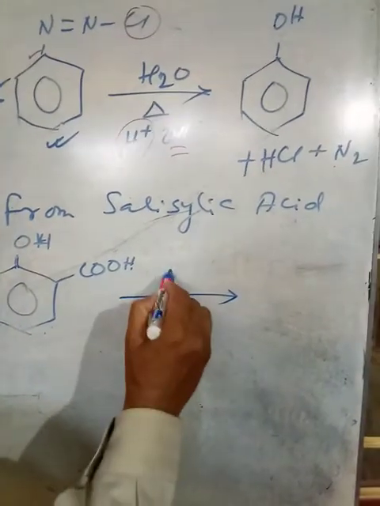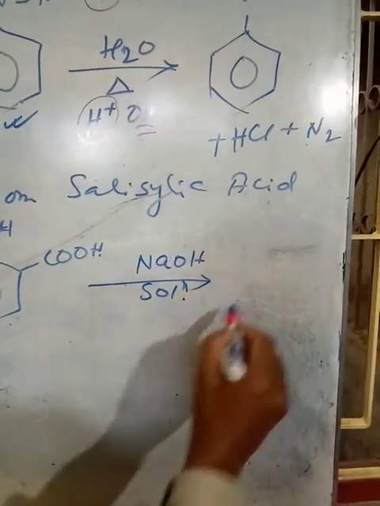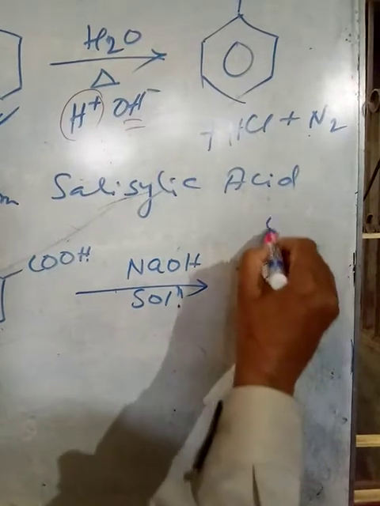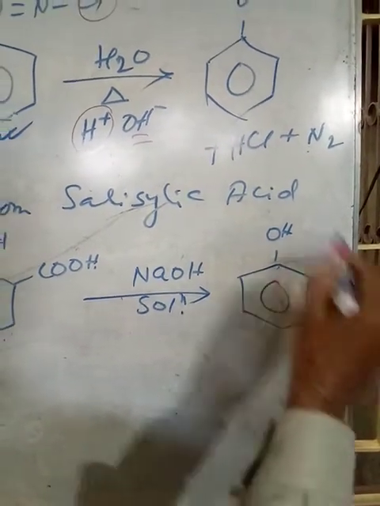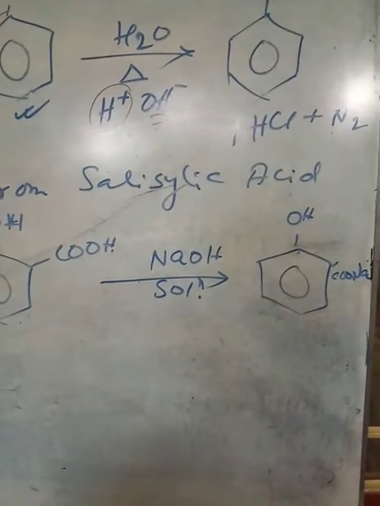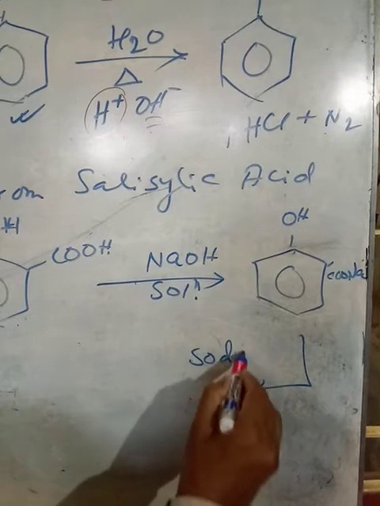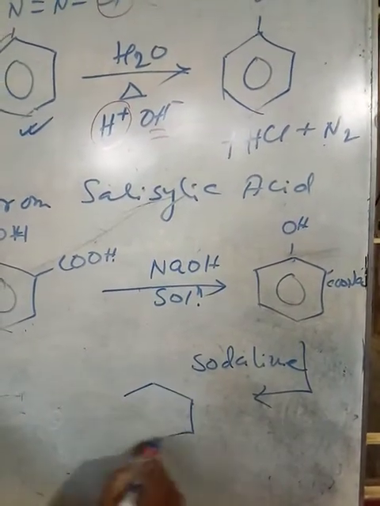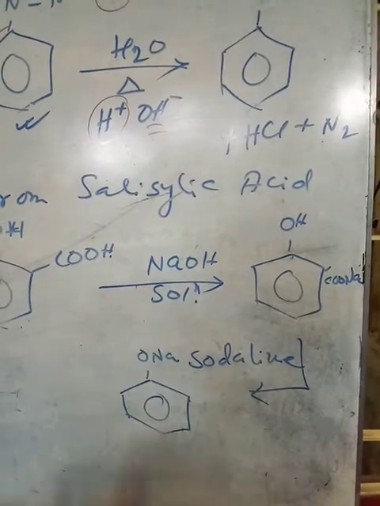It is treated first with NaOH solution. You will get a salt of salicylic acid, sodium salicylate. Then if you heat with soda lime, you will get sodium phenoxide.